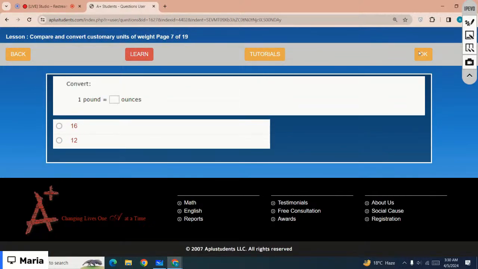1 pound equals how many ounces? Yes, that is 1 pound equals 16 ounces. The correct option is 16, right?